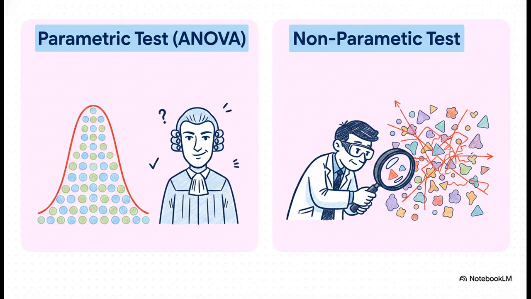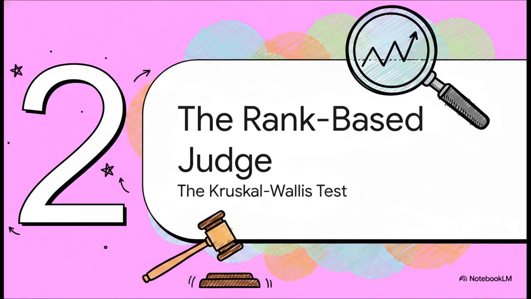It works beautifully when they do, but when the scores are all over the place, that judge just doesn't know what to do. That's when you call in the specialist, a non-parametric test. This specialist doesn't care about those strict rules, which makes it the perfect judge for our messy cooking competition.